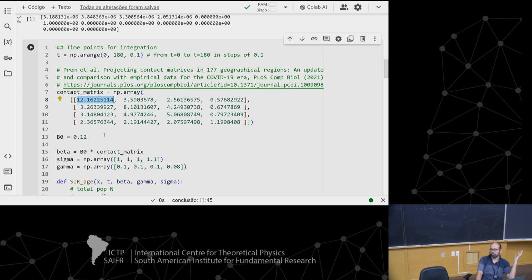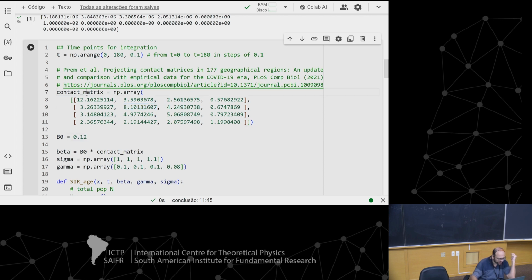Because children with children have a lot more contacts than other ages. And then this is the probability of infection of adults on children, of older adults on children, and then this is the probability of younger adults by children, young adults with young adults, and so on, okay? And you see that this doesn't even have to be symmetric, okay?